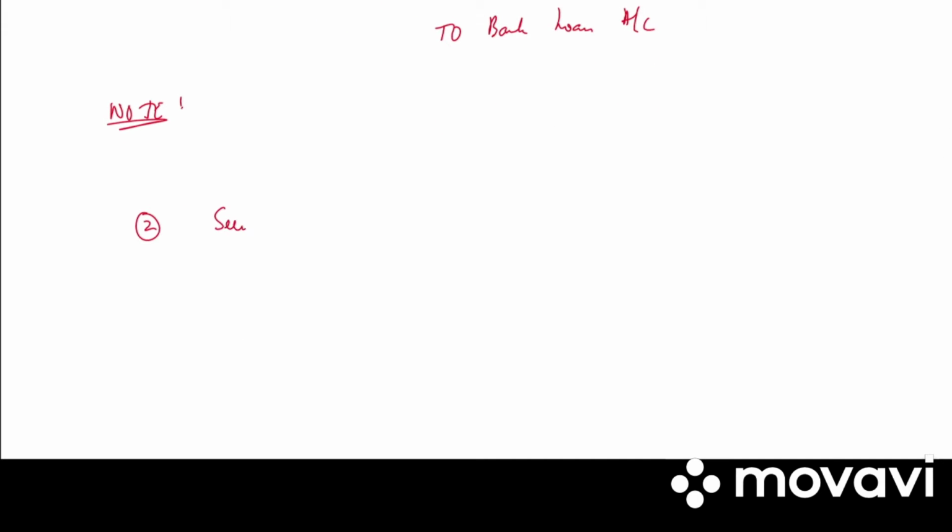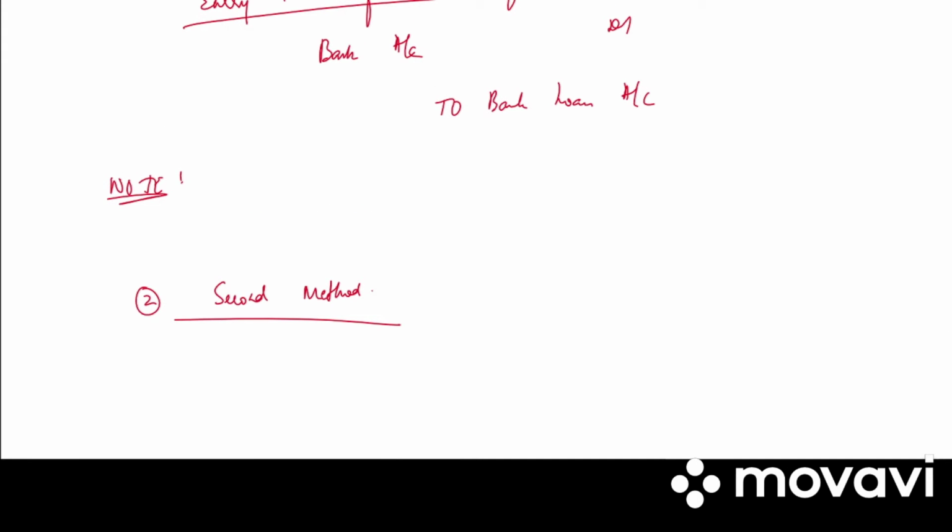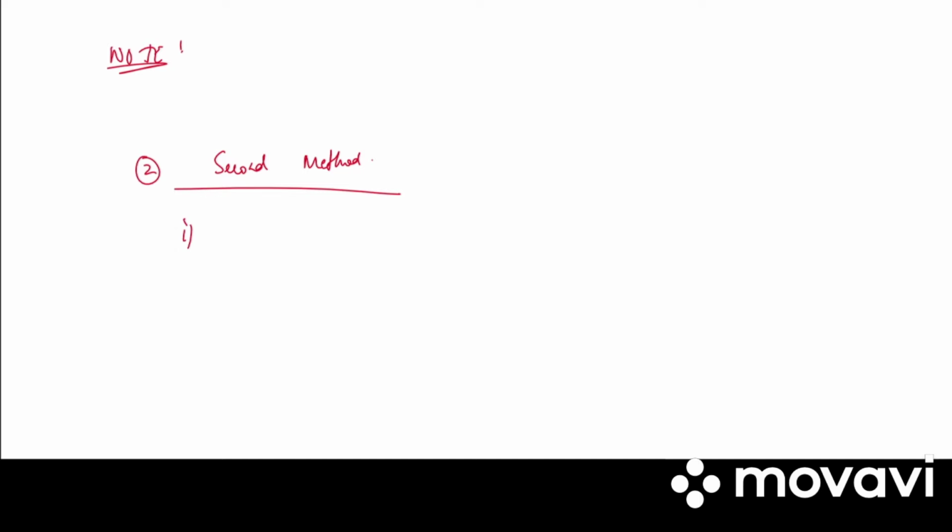But in the second method, the entry will be passed for issue of debentures as a security and also the entry for loan taken from the bank. So under that, the first entry is on taking loan. The entry will be the same, that is bank account debited to bank loan account.